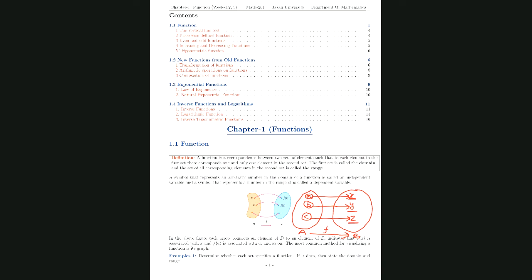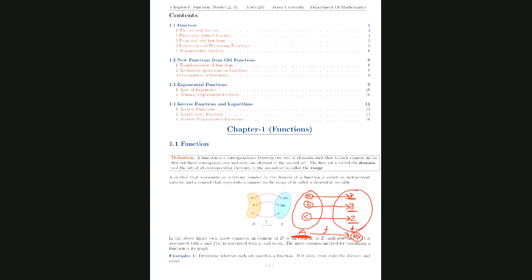Now, this set B may be different. Here X, Y, Z, and here there may be another element T. In the output set B, there may be elements that are not connected. But in A, every input must connect.